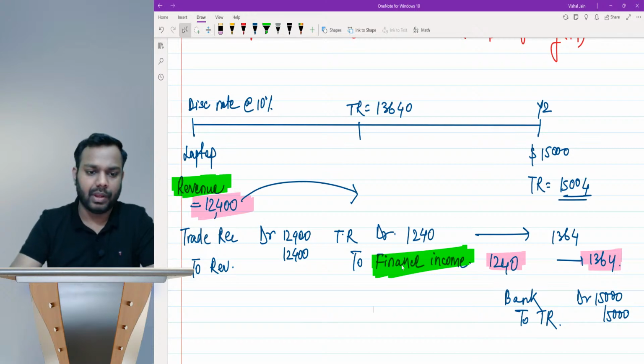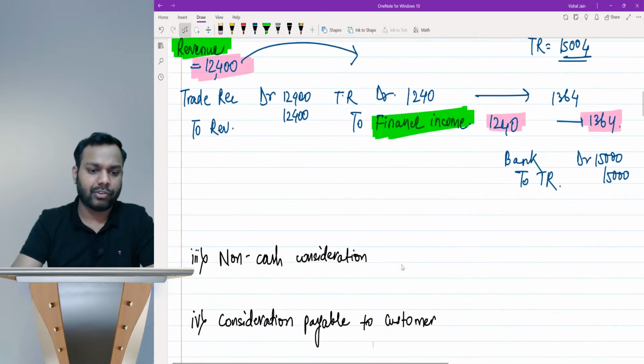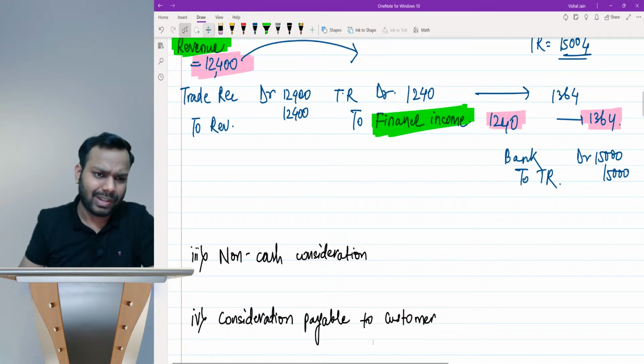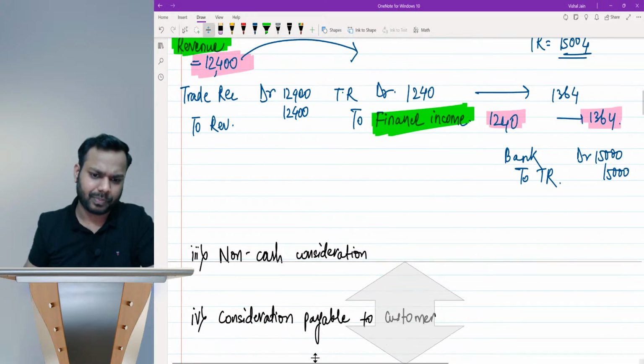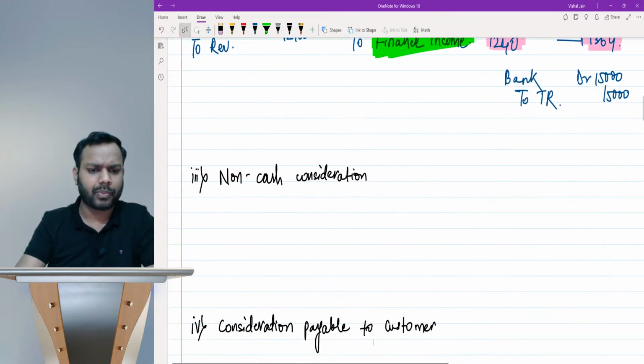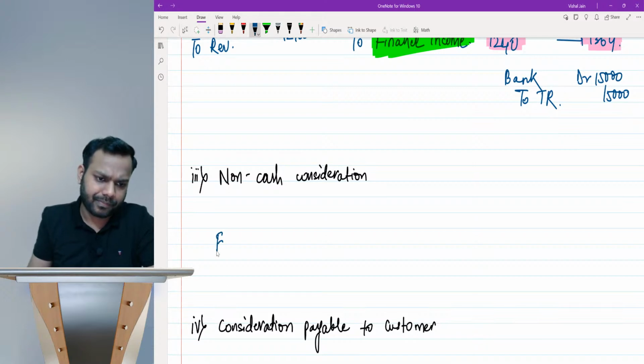Okay, fair enough. Now let's move on to the next concept, that is non-cash consideration. What is the meaning of non-cash consideration? Let's suppose this is an entity, and this is the customer.